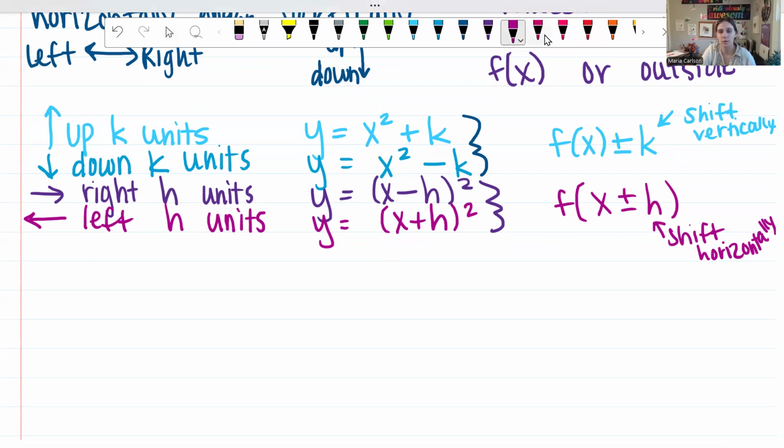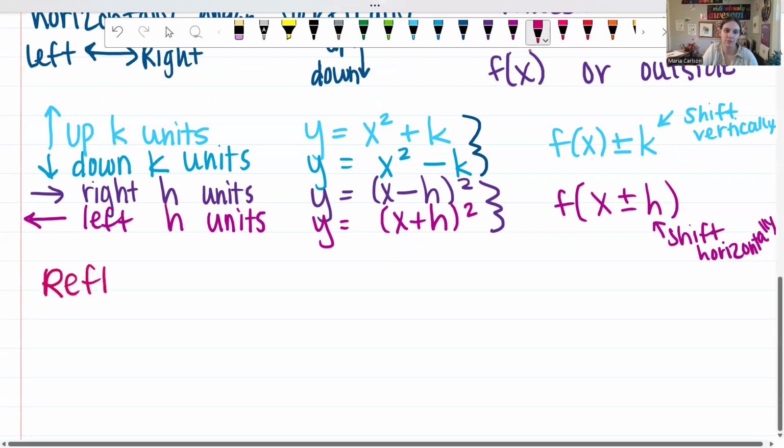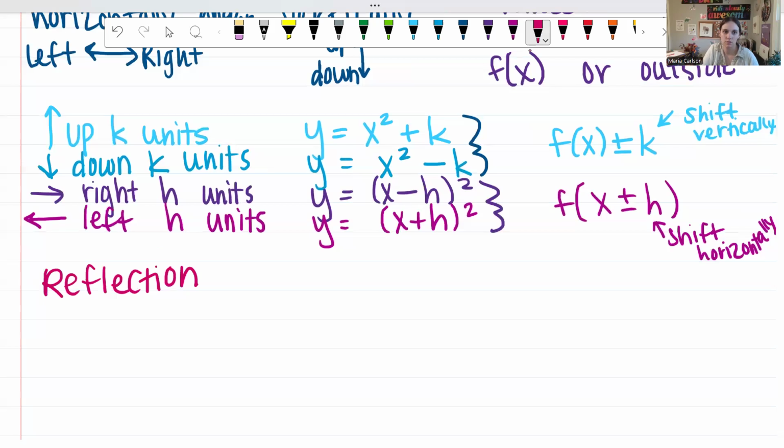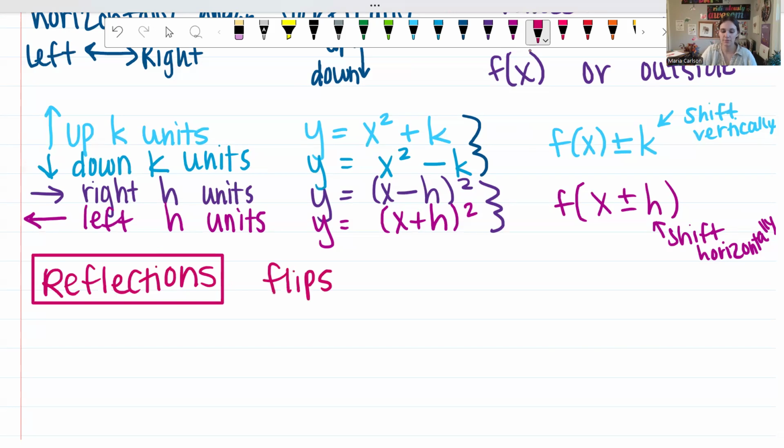Now, let's talk about reflections. So another type of transformation is a reflection. And a reflection flips the parent function across the x-axis or the y-axis.